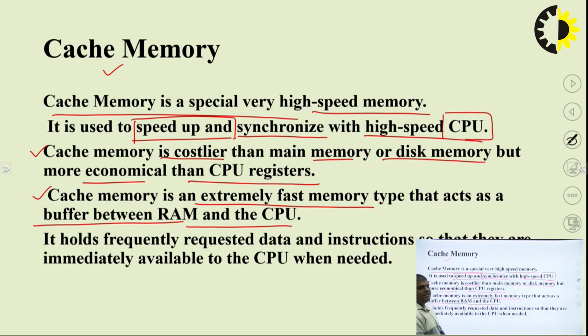Another point about the cache memory: I have already told that it is extremely fast memory. How is the cache memory extremely fast? It holds the frequently requested data and instructions so that they are immediately available to the CPU.